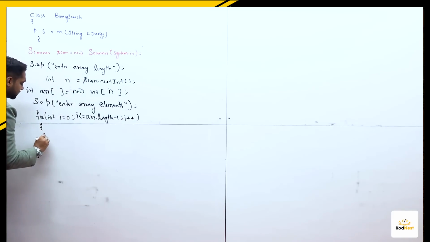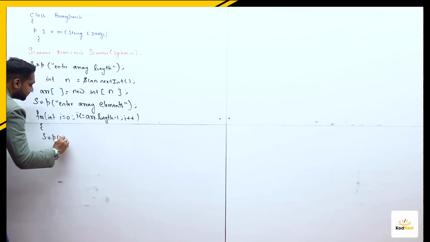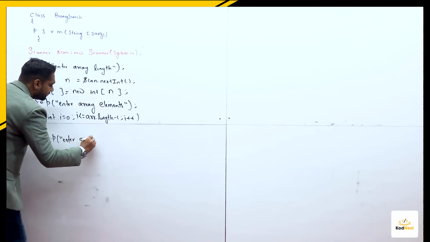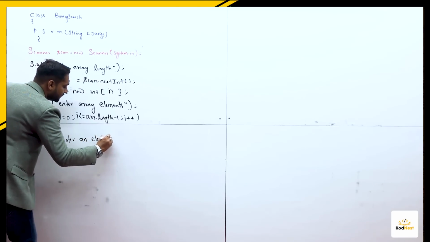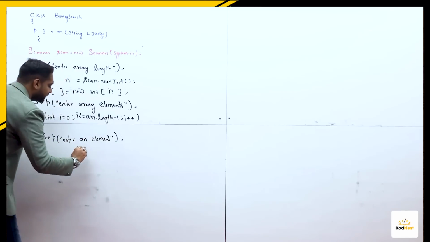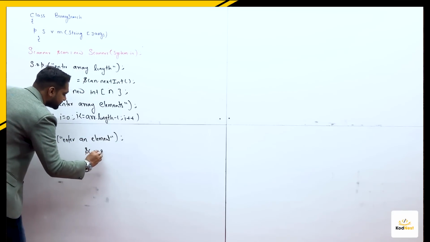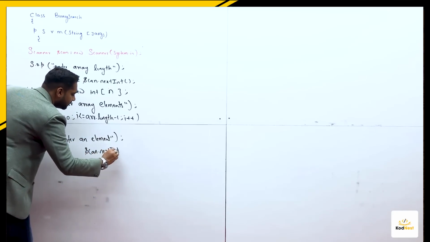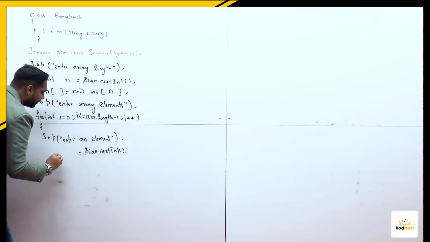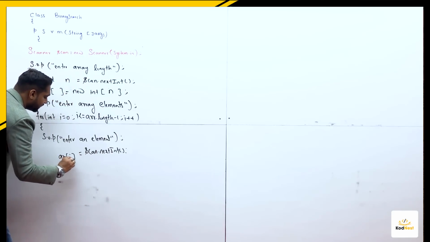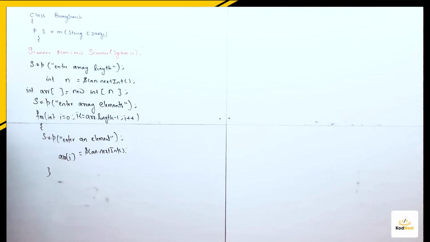Every time tell the user to enter an element. By seeing this message, he would enter. You collect it by using the scanner object that you have created and store it in the array at the ith index. Closing the for.